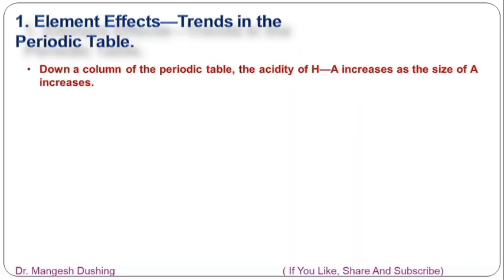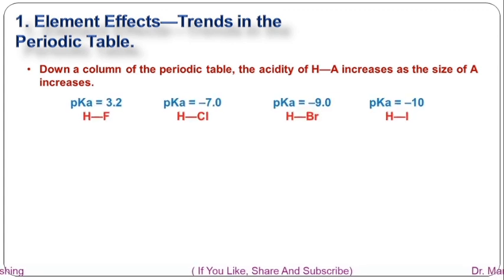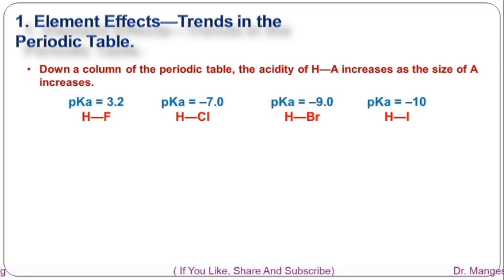So what we learn is, down a column of the periodic table, the acidity of HA increases as the size of the conjugate base, that is A minus, increases. The pKa value for HF is 3.2, for HCl that is -7, for HBr that is -9, while the pKa for HI is -10.